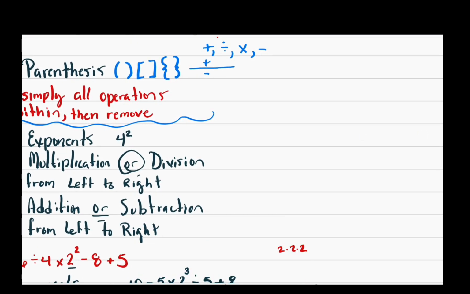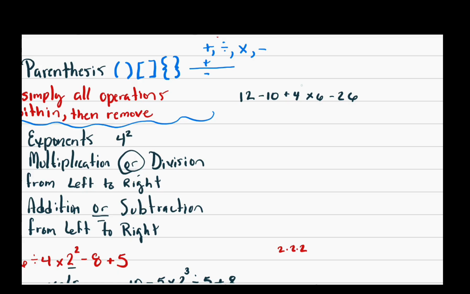Let's try it again. The problem is 12 minus 10 plus 4 times 6 minus 26. And I want to put, if I put it there, would that work out?